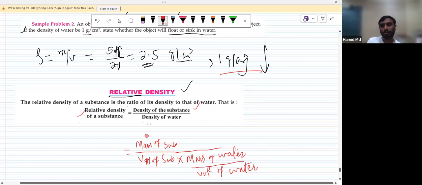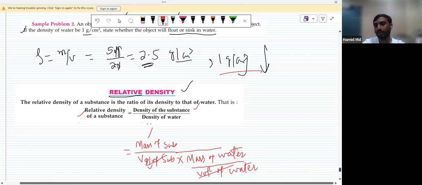So mass of substance by volume of substance is the density of substance, and the density of water is mass of water divided by volume of water. So now we can cancel these two, right? The volume of substance and volume of water are the same, because the same amount of water will be displaced. Got the point? Yes, sir.